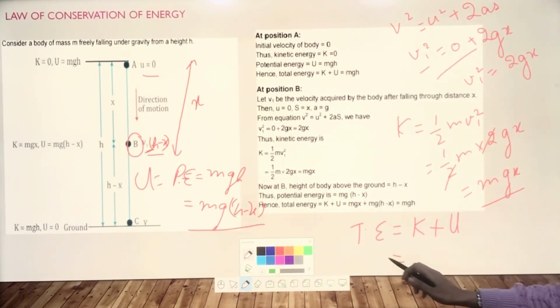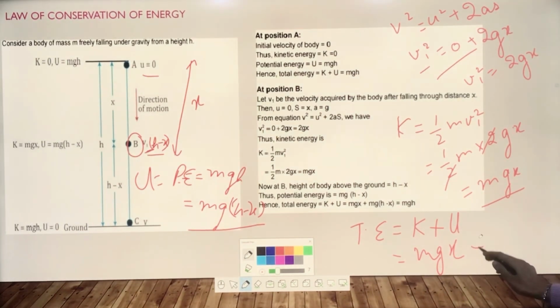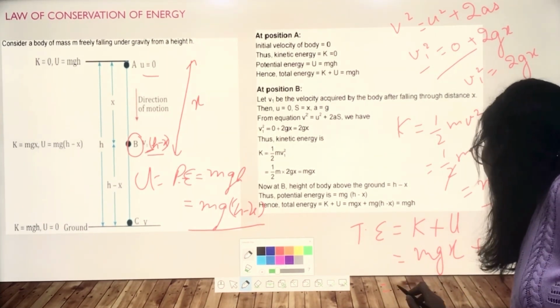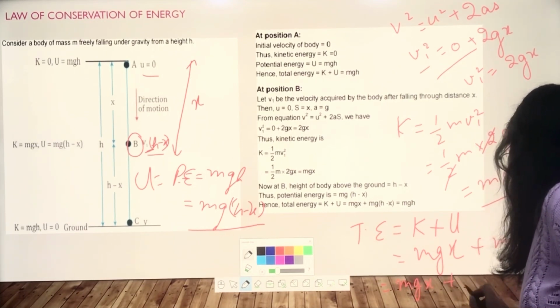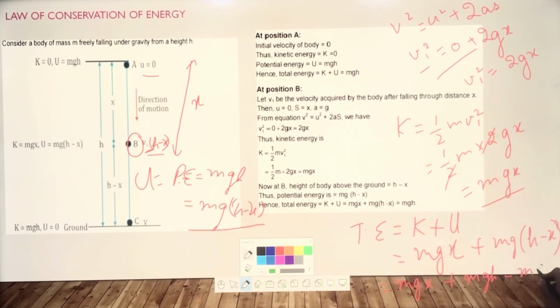So kinetic energy is mgx, and potential energy is mg(h minus x). That is equivalent to mgx plus mgh minus mgx. This is negative and this is positive, so these both will cancel.